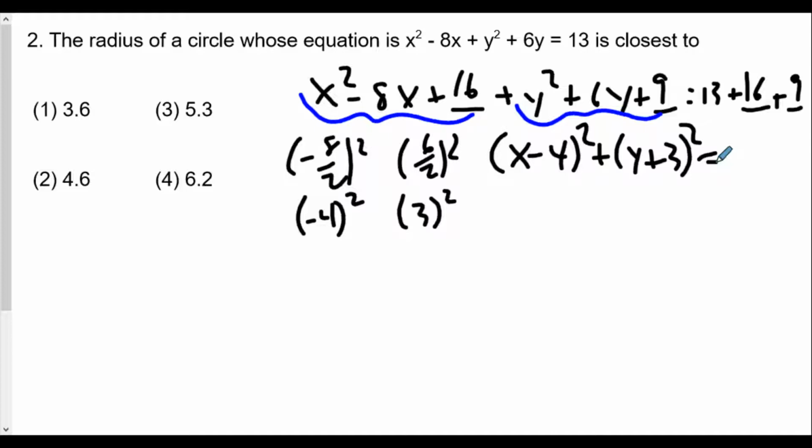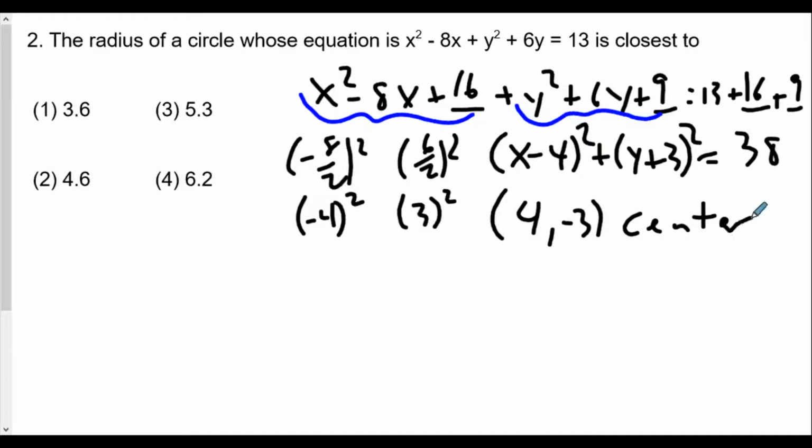Well, 13 plus 16 is 29, and 29 plus 9 is 38. Because they're looking for our radius, we know our center is going to be 4 comma negative 3, but that's not what we're looking for. Since r squared is equal to 38, our radius equals the square root of 38.